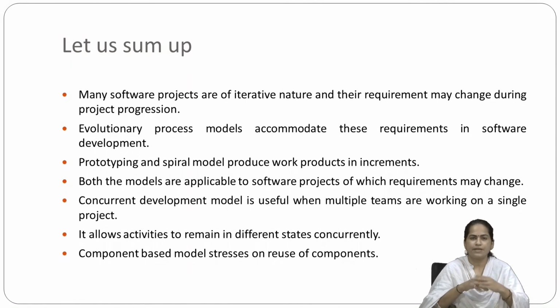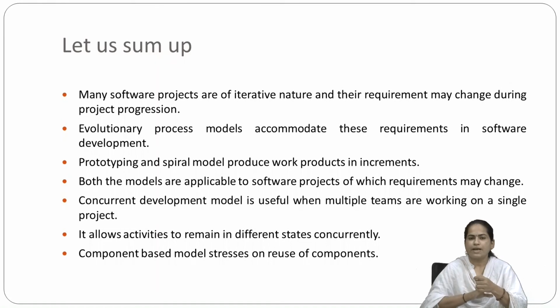As we have discussed, they provide us increments, means one prototype, second prototype. In the prototyping model we call it a prototype, but in the spiral model we call it a build, which is software we give to the users to use. The users consider that part of the software as the original one and use it, and if requirements change, they suggest, and in the new build or new prototype those changes are incorporated.